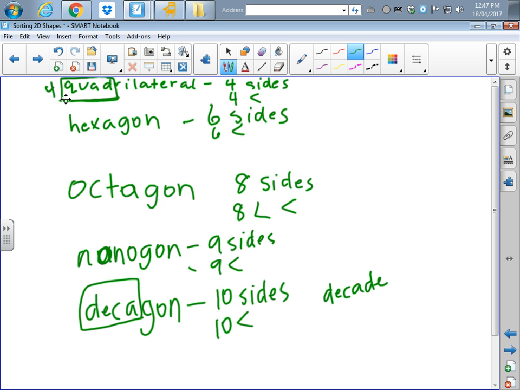I feel like we're missing some. There is a 7-sided shape. What's it called? What is it called? Jake? Pentagon. Not a pentagon.